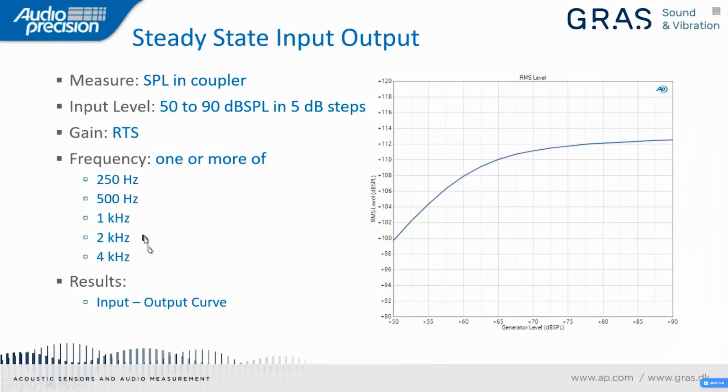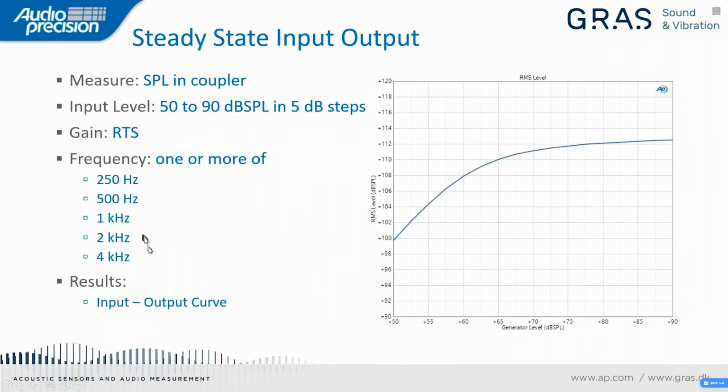We step the level in 5 dB steps from 50 to 90 dBSPL, and we measure the input-output curve as shown here. For hearing aids with automatic gain control, you can see a linear response from about 50 to maybe 57 dBSPL, kind of a straight line, and then it begins to roll off as the automatic gain control circuit cuts in.